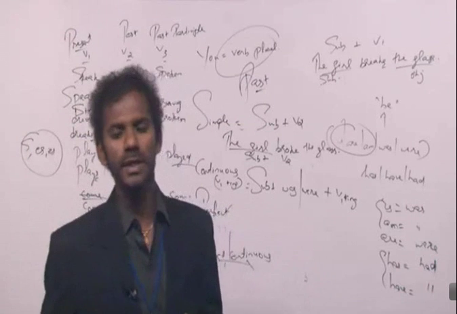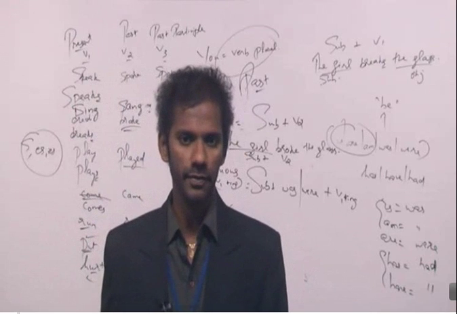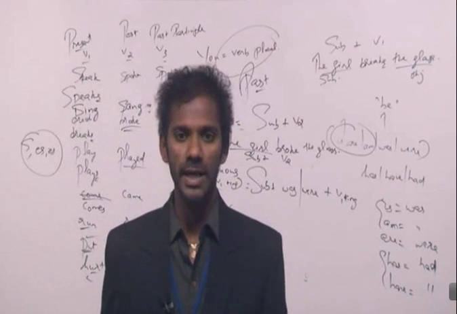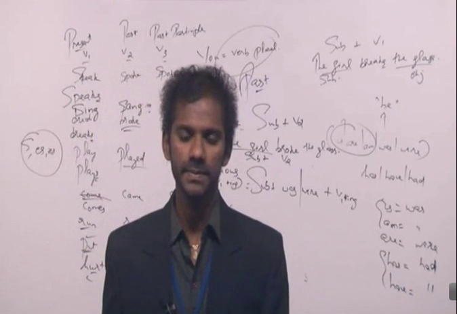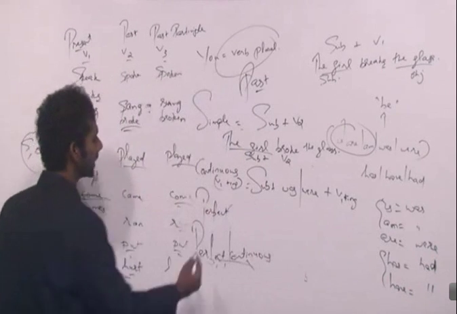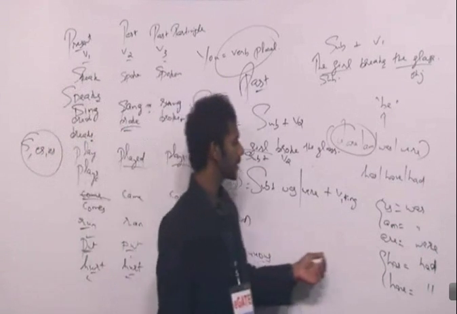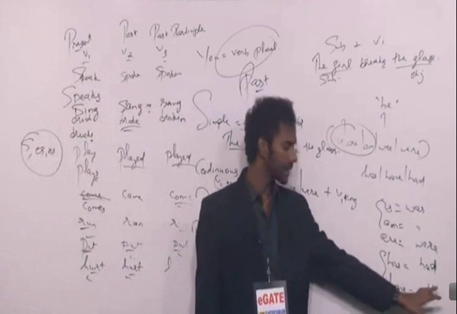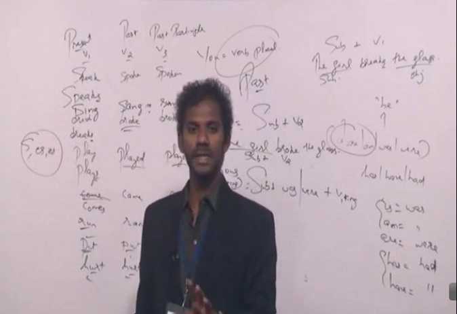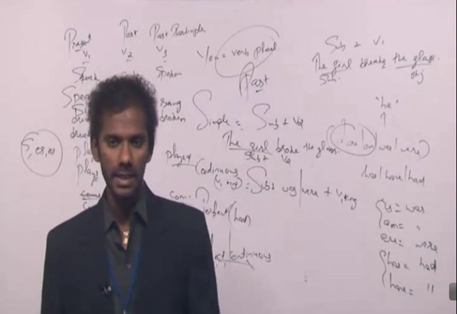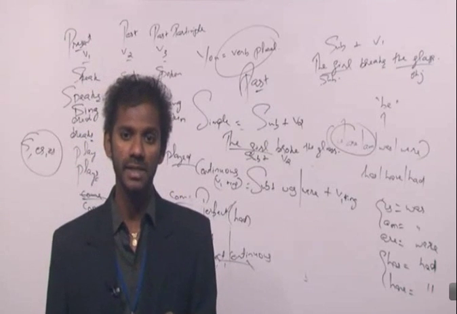Come to third category, past perfect. When you think of present perfect, you think of which two words? Has or have. Right? So present perfect means we think of has or have. So past perfect means you think of which word? Had. Past perfect means think of had, because it's only had, because the past tense of both has and have is had. Clear? So present perfect means think of has or have. Past perfect means think only about had. Clear? So the rule of present perfect was subject plus has or have plus V3.